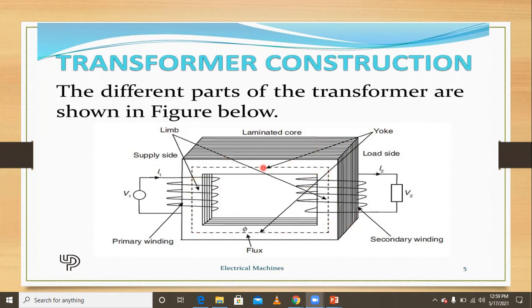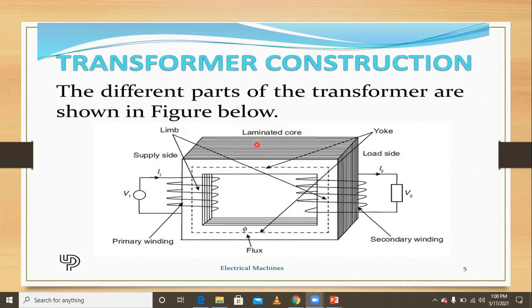Eddy current losses can be reduced by using a laminated core; you can understand this further in later classes. In between each strip, a small amount of insulation is used.